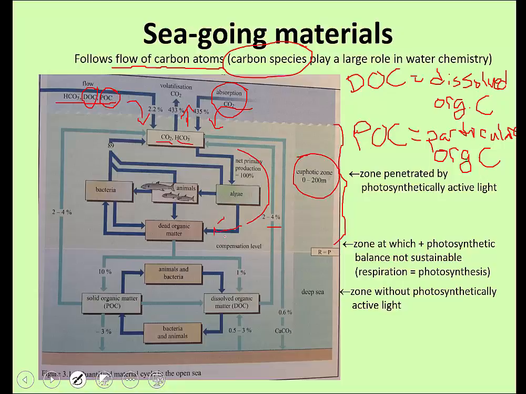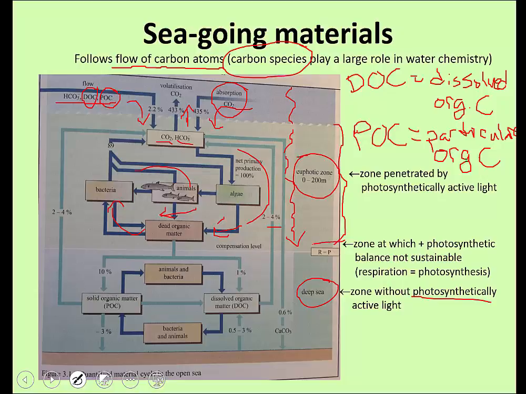All right, so again, we've got our cycle here. We've got our planktons, and we've got our bacteria, we've got our animals. So we've got our whole series here, just like we talked about. But now, when you get to a certain point, you've got the light coming in, it can penetrate, but it only goes so far, and it reaches a point in the deep sea where none of that light's getting through. So you don't have any photosynthesis going on. So you've got a completely different cycle here.